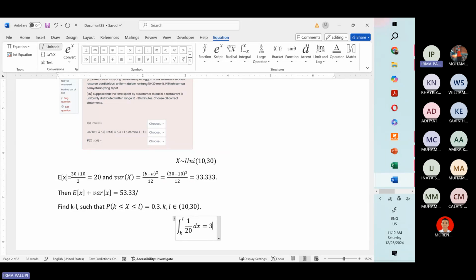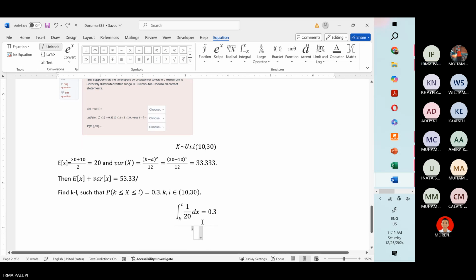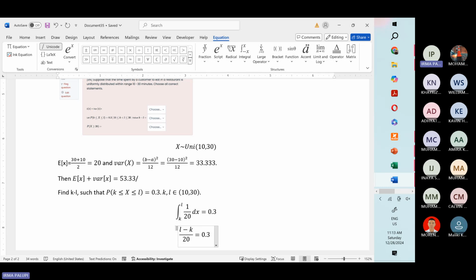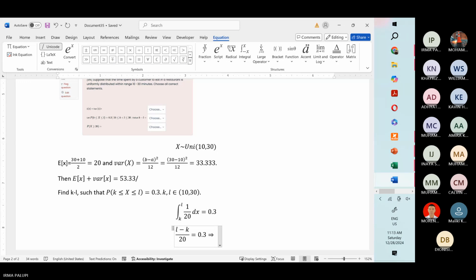We want it to be 0.3. So the result of this integral is just L minus K divided by 20, to be 0.3, right? And the thing we want to know here is what is K minus L.